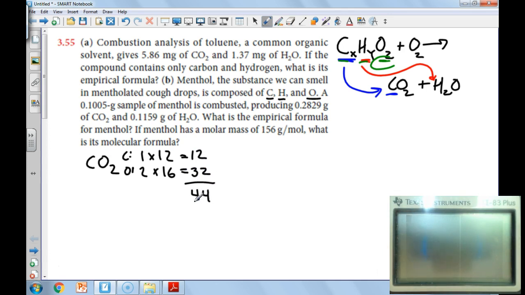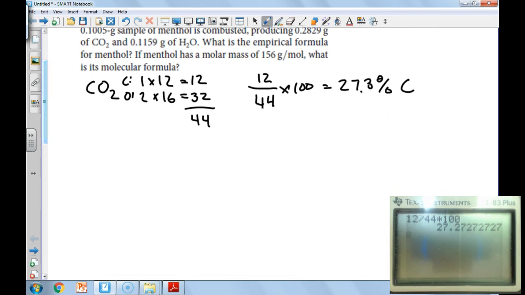To find the percent of carbon in carbon dioxide, we take the part that's carbon over the total and multiply by 100. So 12 divided by 44 times 100 gives us 27.3% carbon. Now I'm going to do the same thing for hydrogen in water.